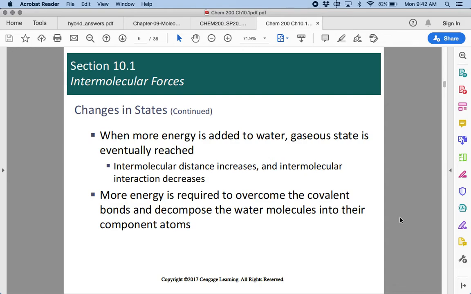A gaseous form of a molecule has higher energy than the liquid form, which has higher energy than the solid form. The more energy entering a system as we go from solid to liquid to gas, the more energy there is to break up these intermolecular forces that are holding the molecules together.